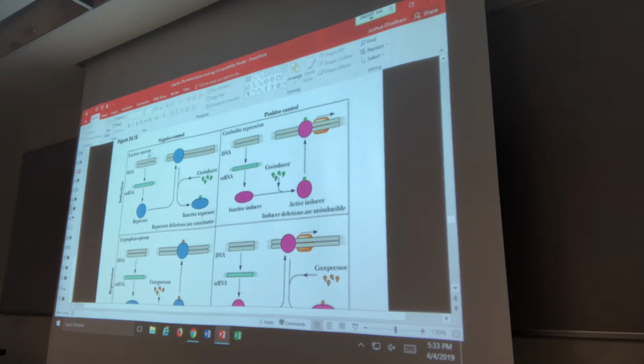If you were asked how is the Lac Operon regulated, the answer is technically negative inducible. Positive inducible does play a part, but that is a secondary thing, regulated via the catabolite activating protein, the CAP protein.